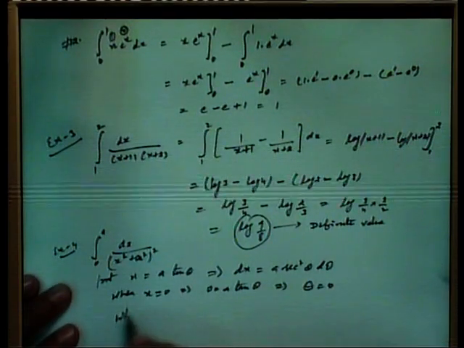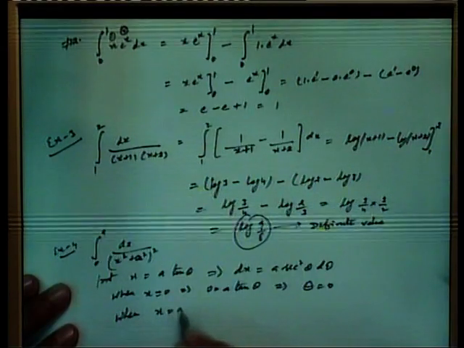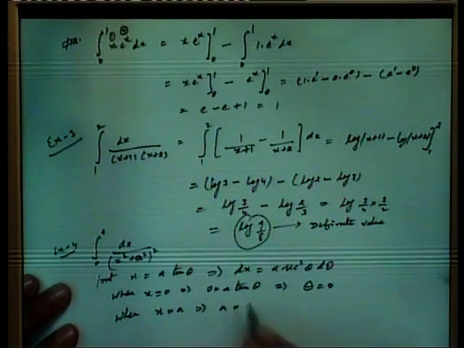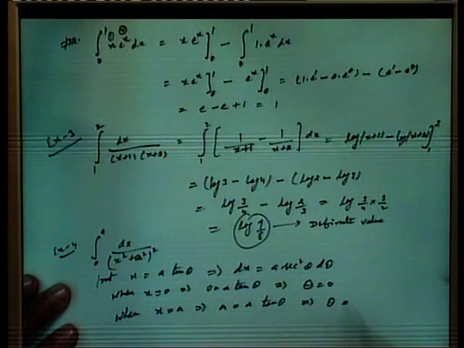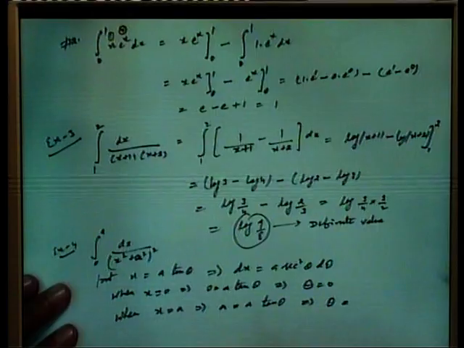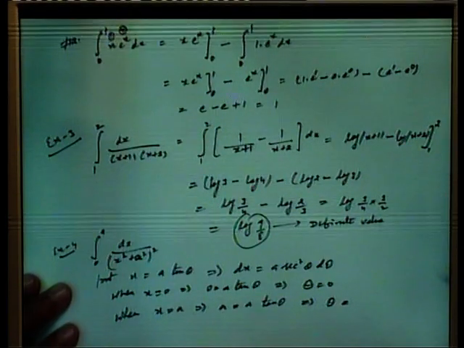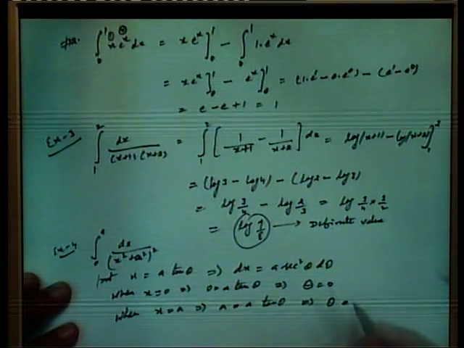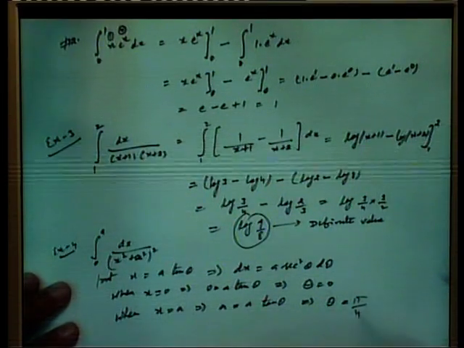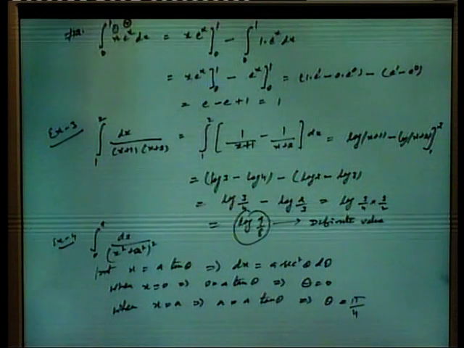Similarly, when x equals a, a is equal to a tan theta, so tan theta equals 1 and theta is equal to pi by 4.